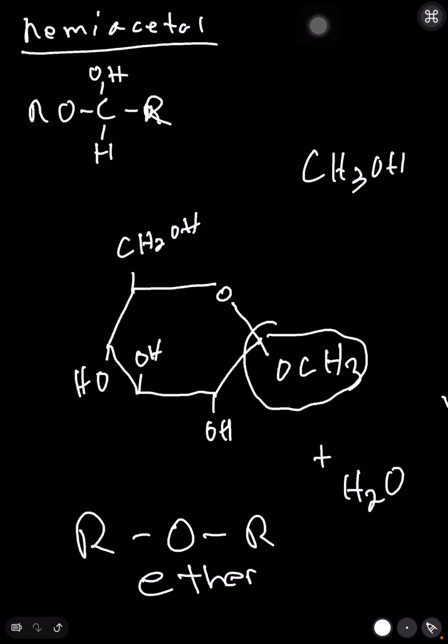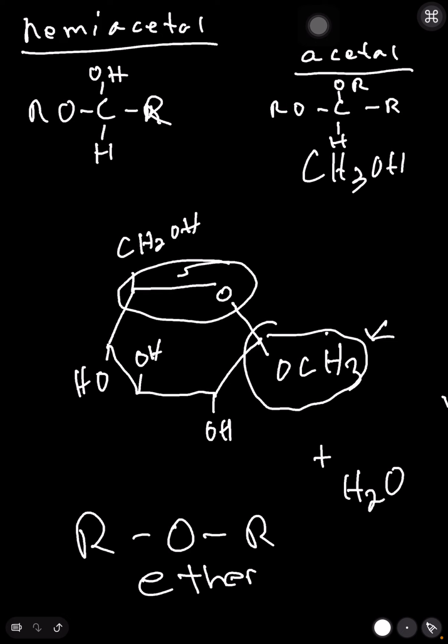An acetal looks very similar, except now we have two OR groups instead of just one. And that's what we have here. Here's one of our OR groups right there. Here's our other OR group. Here's our R group. And we didn't draw it, but the H is still there, right?